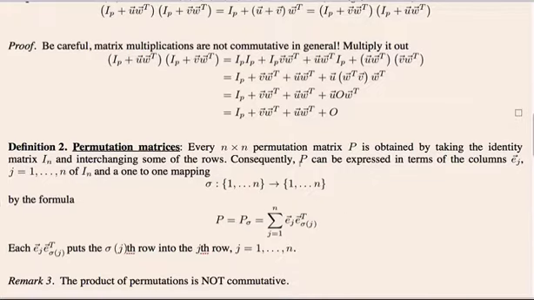That means that P can be expressed in terms of the columns Ej, where j goes from 1 to n, of In, since the identity matrix has the standard basis vectors Ej as its columns.